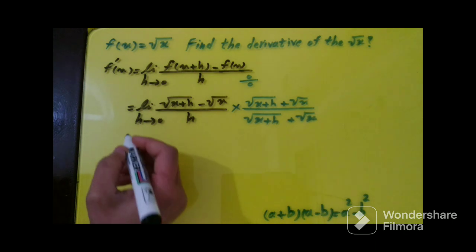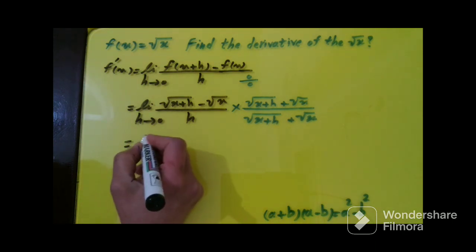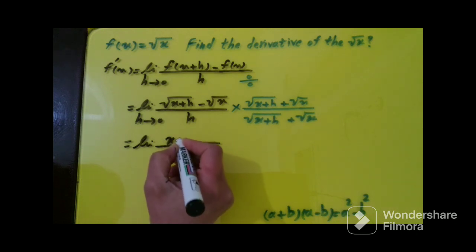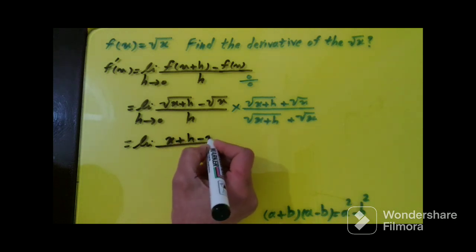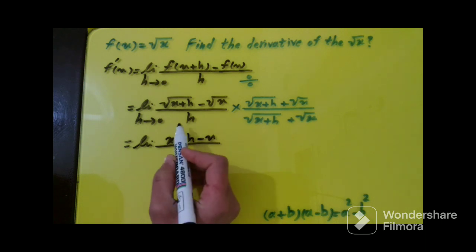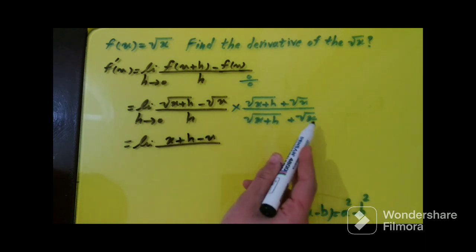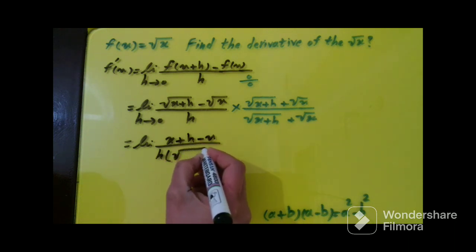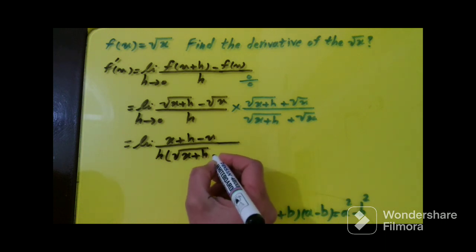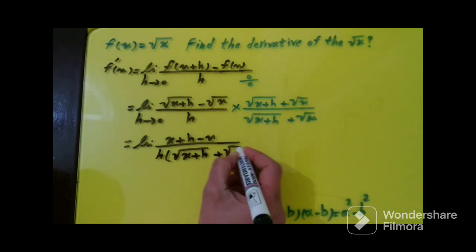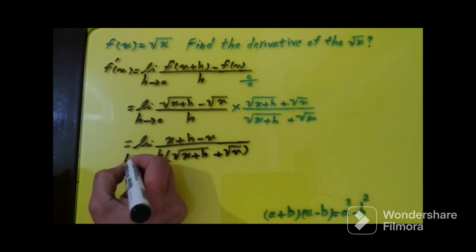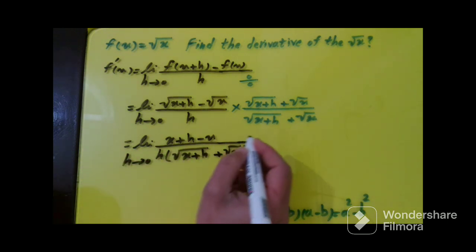Now we can simplify it. It's limit of x plus h minus x all over h times square root of x plus h plus square root of x, as h approaches 0.